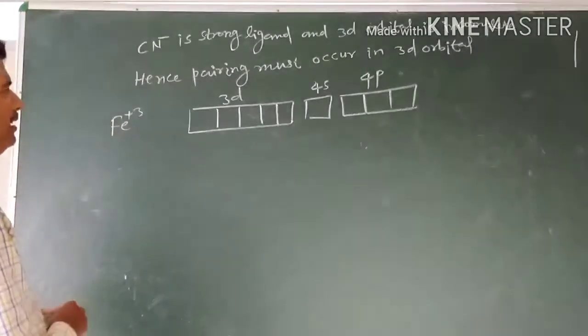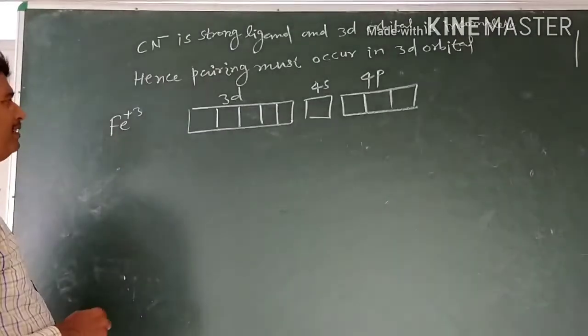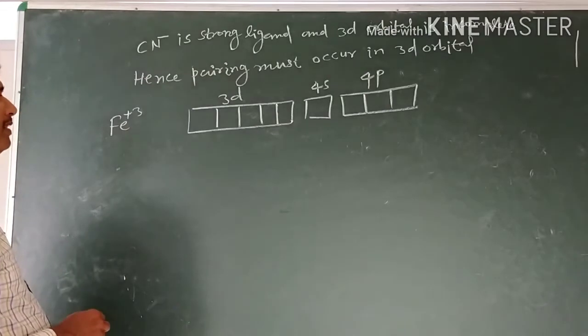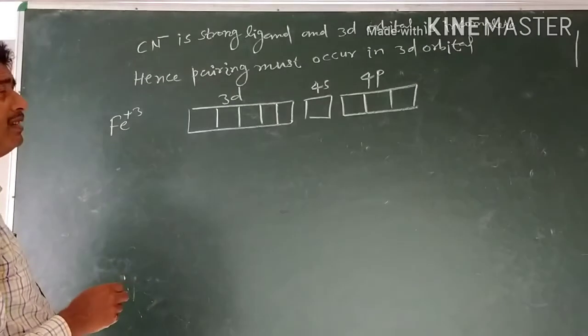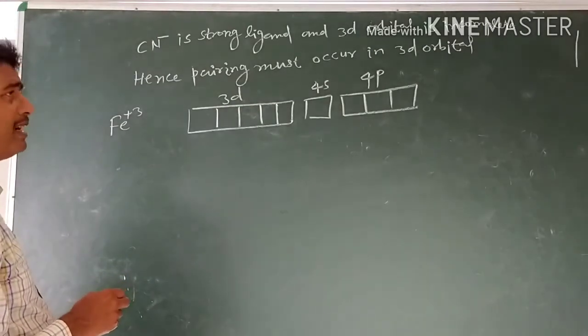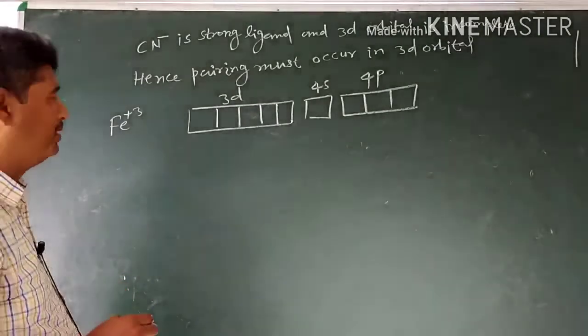After this, we will write the distribution for the 5 electrons according to Hund's rule.